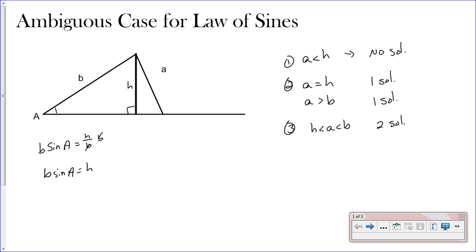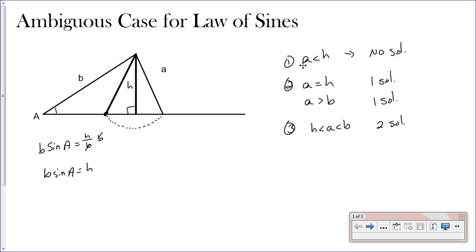Now, if we were to pivot this, it would make a nice little arc down here. And this side a would also hit here, making not only this triangle, but you could also make this triangle here as well. So if a is less than b but greater than h, you will have 2 triangles.